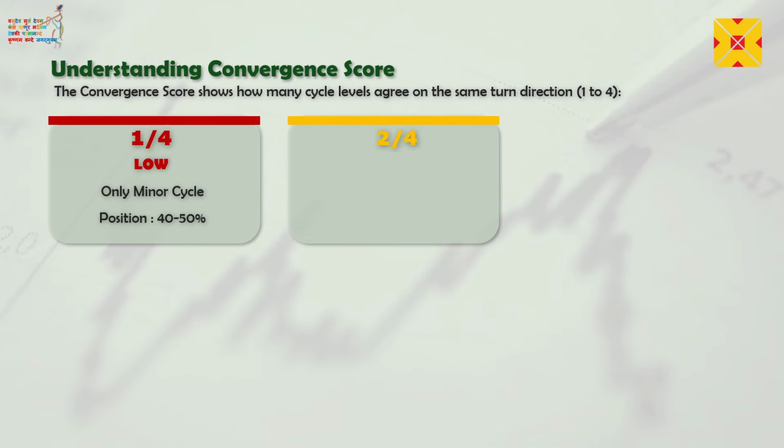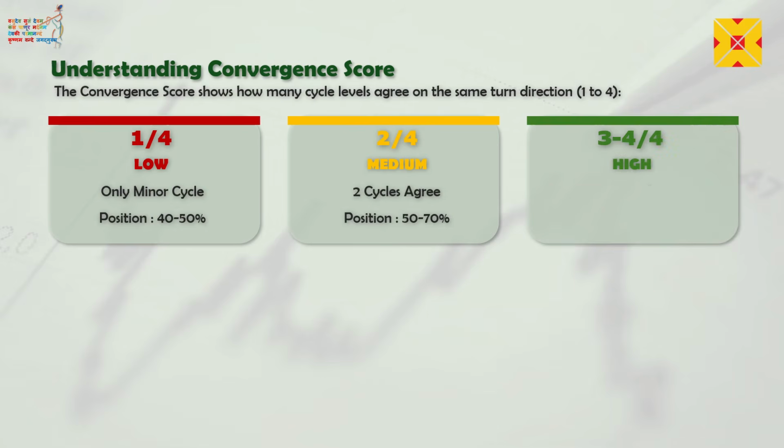A score of 2 out of 4 is medium convergence. You can use 50 to 70% of your normal position. A score of 3 or 4 out of 4 is high convergence. This is when 3 or more cycles agree. These are your highest confidence signals, and you can use 80 to 100% of your normal position size.